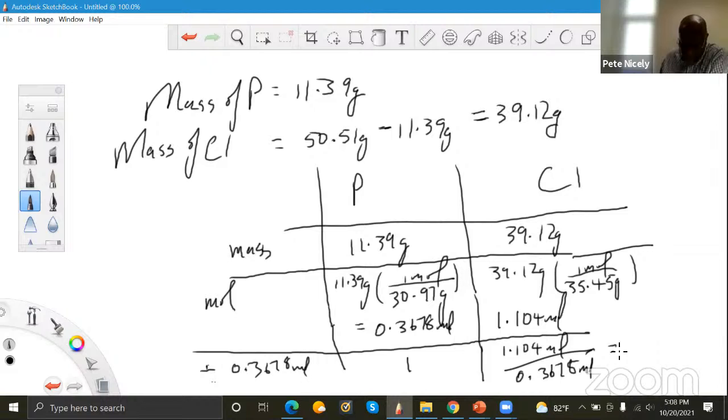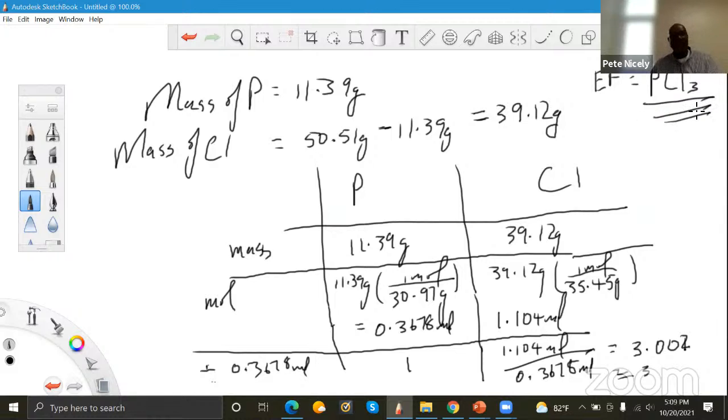So 1.104 divided by 0.3678. And according to my calculation, this gives 3.001, actually 3.002, which approximates to 3. So therefore the empirical formula for this compound is PCl3. And that's how you do that.